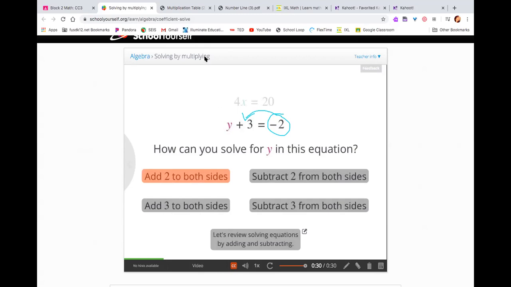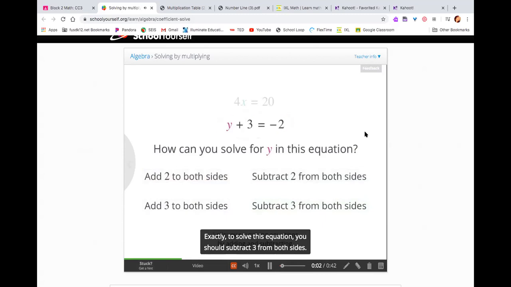Subtract 3. Okay. Yeah, because if I bring the 2 over here, then my numbers and my letters are all together. And we don't want that. We want numbers on one side and variables on the other. Okay. If I move this 3 away, we'll have variables on one side and numbers on the other. So she said subtract 3. Okay.